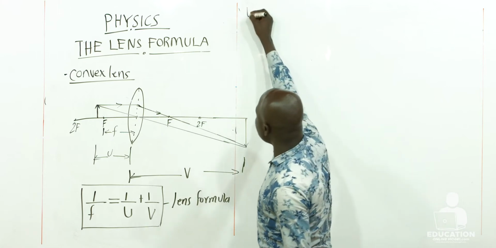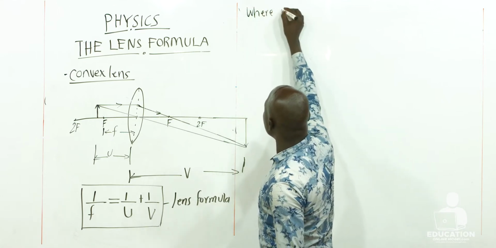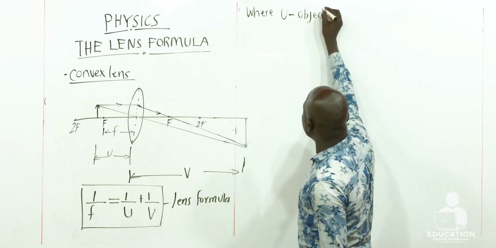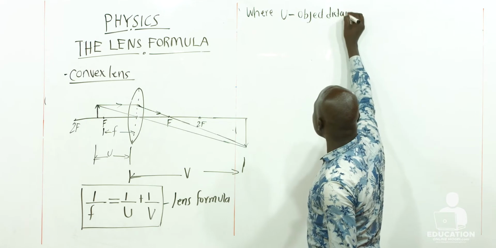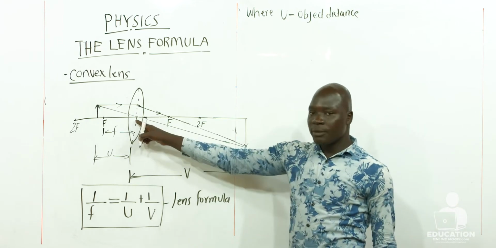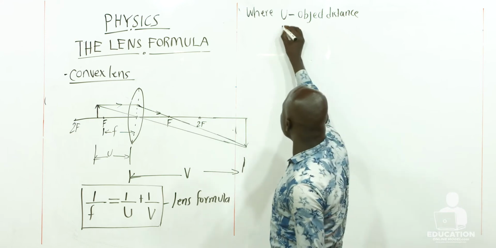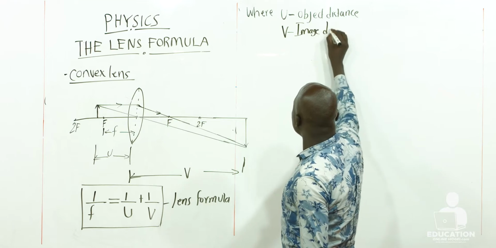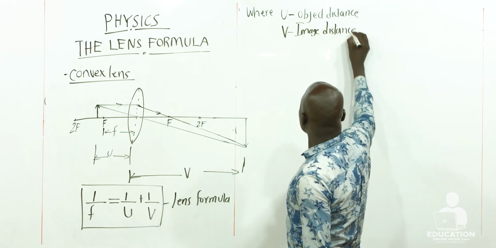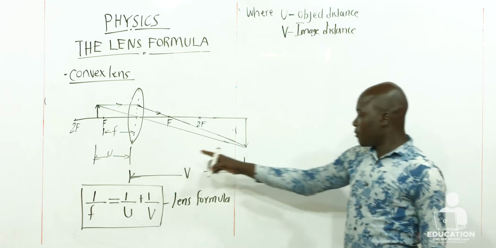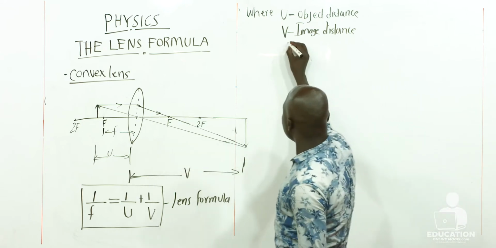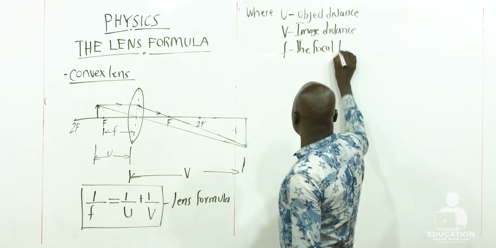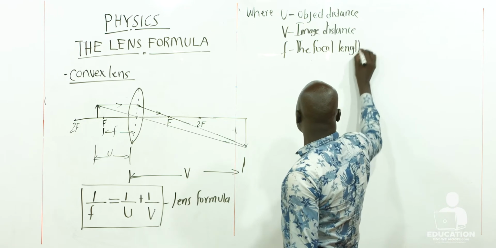So now we're going to say where u is the object distance, that is the object distance from the optical center. Then v is the image distance, that is the distance of the image from the optical center, and f is the focal length of the lens.